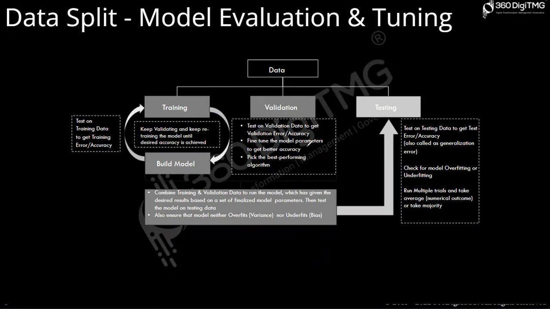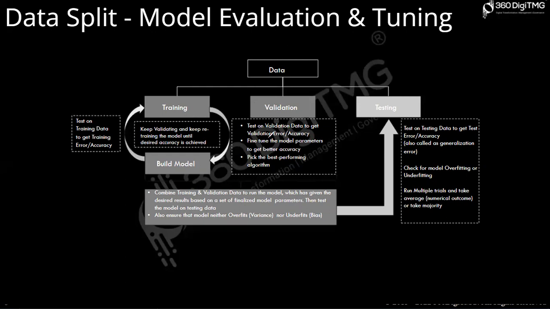So we have looked at training data and validation data. What is testing data? Now we are going to combine the training and validation data to run the model which has given the desired results, based on a set of finalized model parameters.